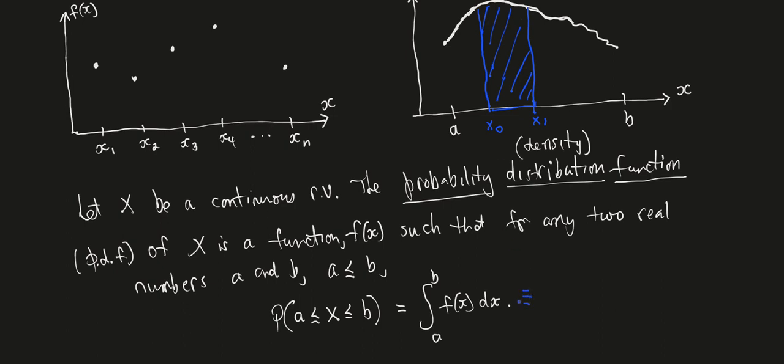This is identical to saying that the probability that my continuous random variable is in a certain interval is equivalent to the area bounded by this function, our PDF, and our x-axis, for all real values of x in this interval.